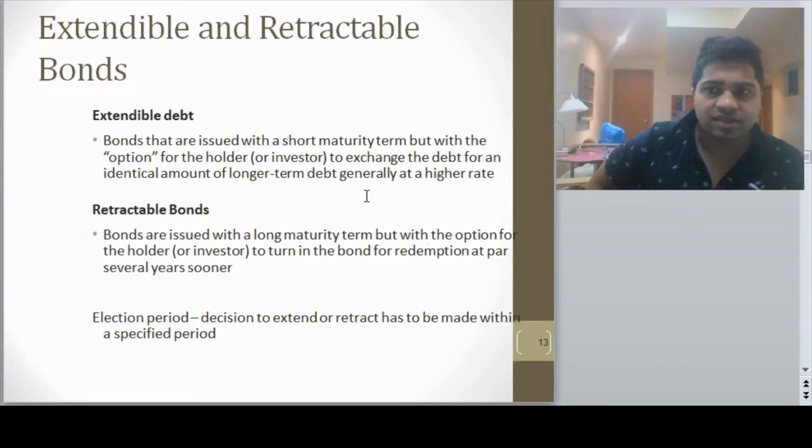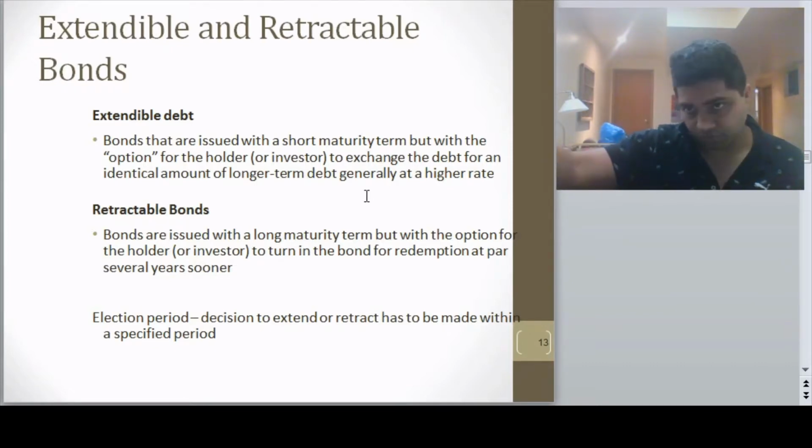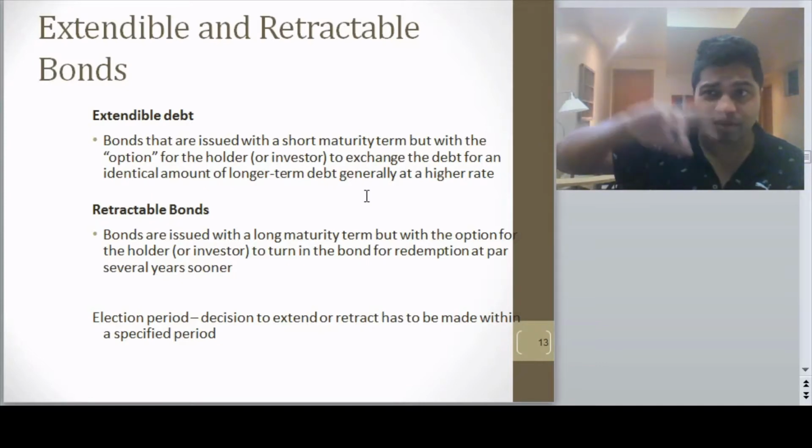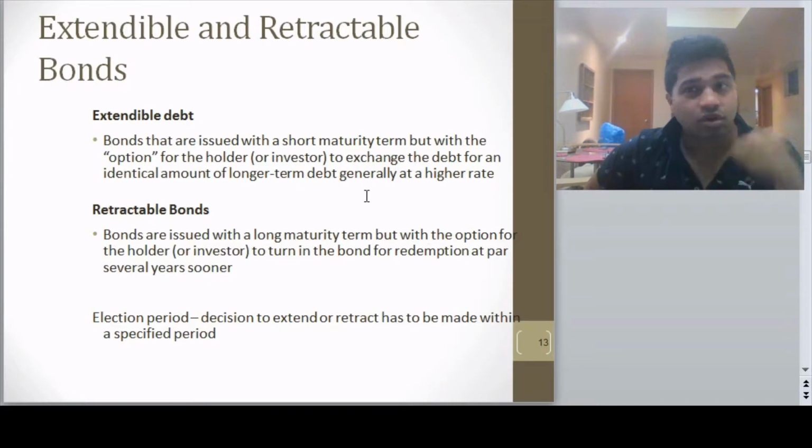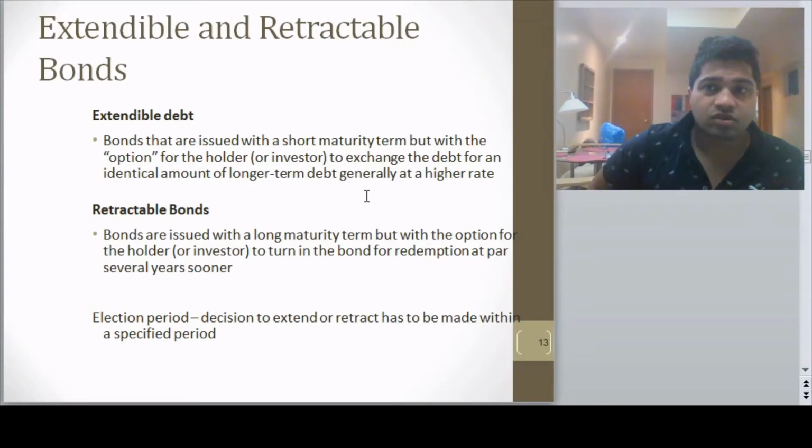So what it means is, I have bought a 5-year bond, but at the end of 5 years, I may extend that bond for the next 10 years by exchanging my bond with a 10-year bond at the same interest rate or at a higher one. So I get to extend my debt. I get to extend my bond as a holder, not as a company.